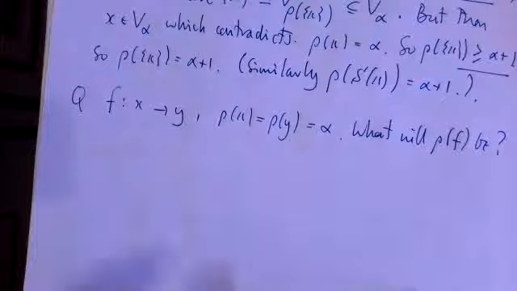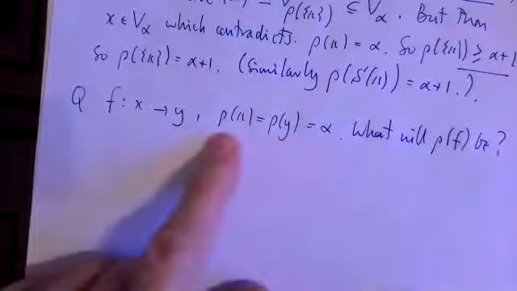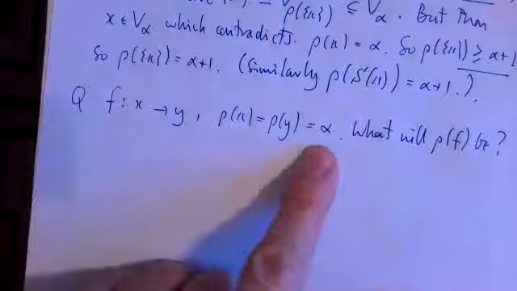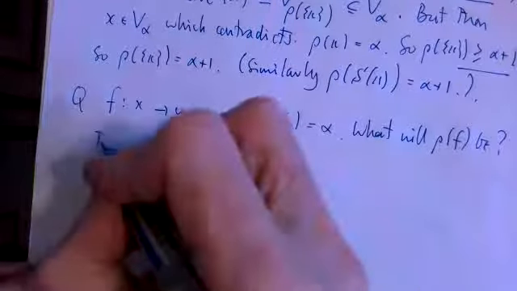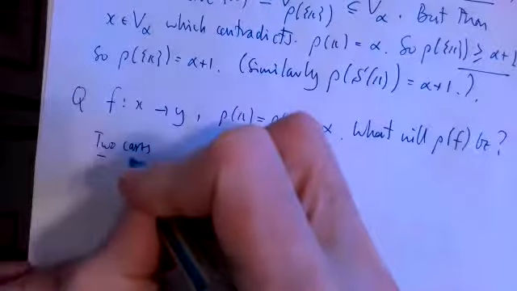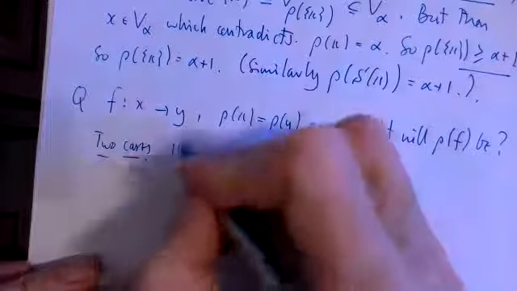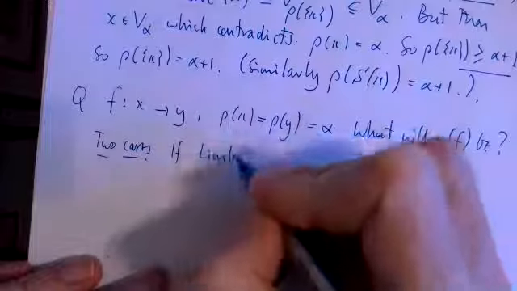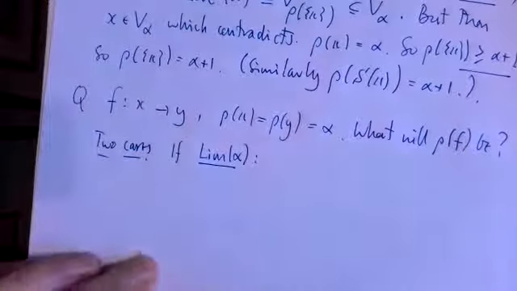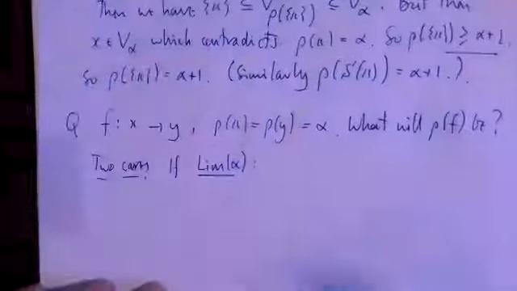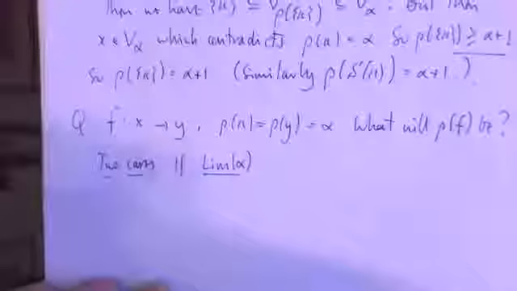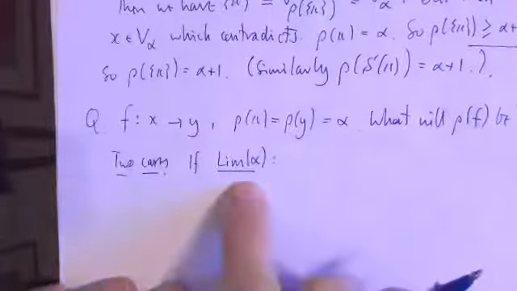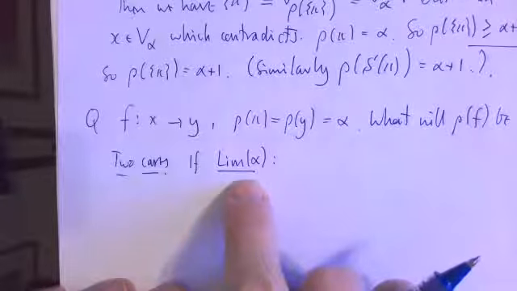Well, it can depend upon whether alpha is a limit ordinal or a successor. So there are two cases. If alpha is a limit, then, for example, think of alpha as being omega.